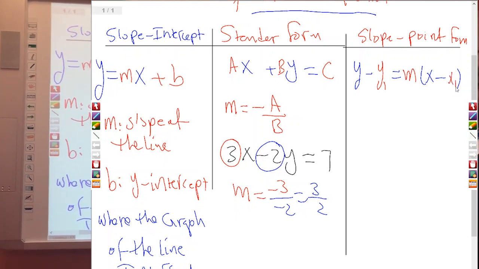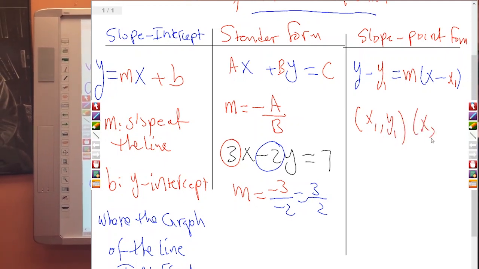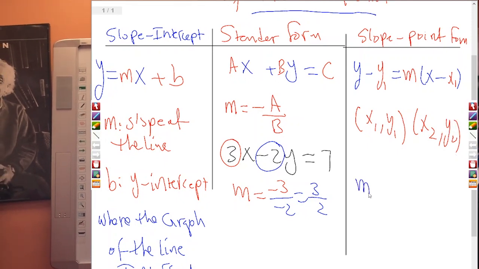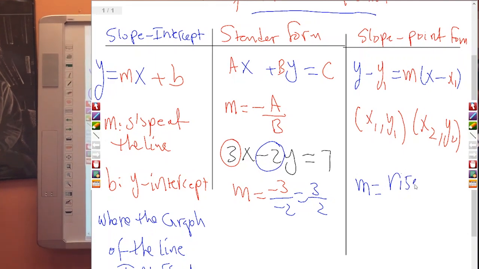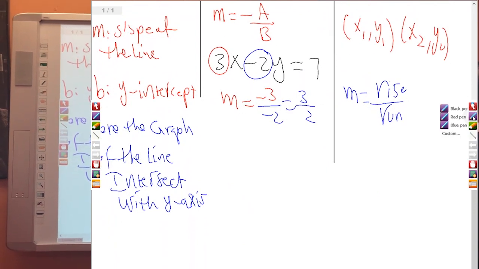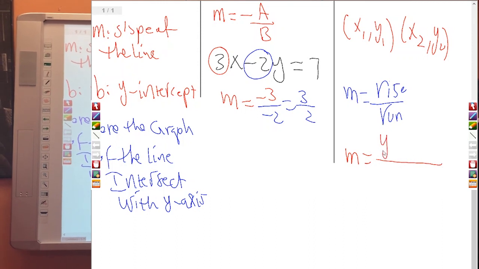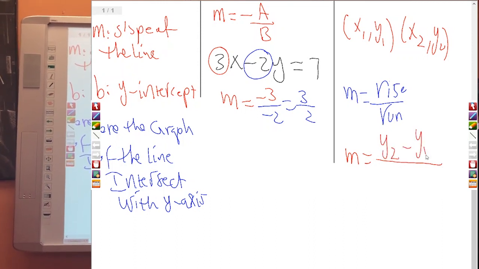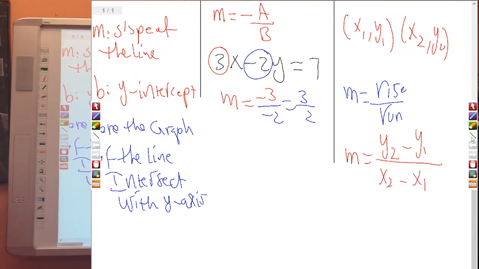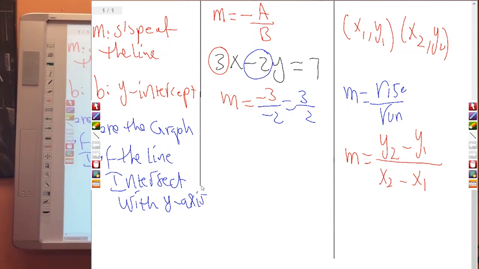In this case, we're going to have 2 points, x1, y1 and x2, y2. To find the slope, it is rise over run, which means slope equals the difference in y, y2 minus y1, over x2 minus x1. These are the 3 forms we have for linear equation.